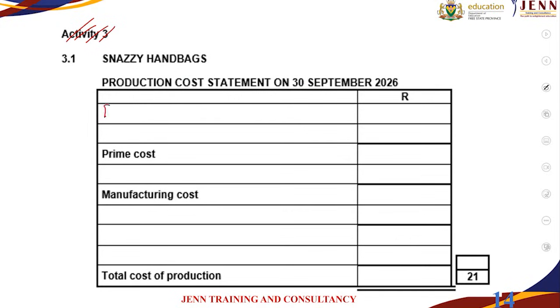We have a direct material that we have calculated, which was 360,000. Now we have our direct labor, which we also calculated, and our final answer was 171,200. So this means now we must calculate the prime cost.